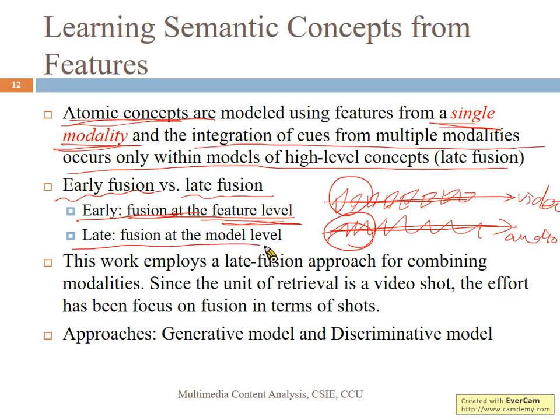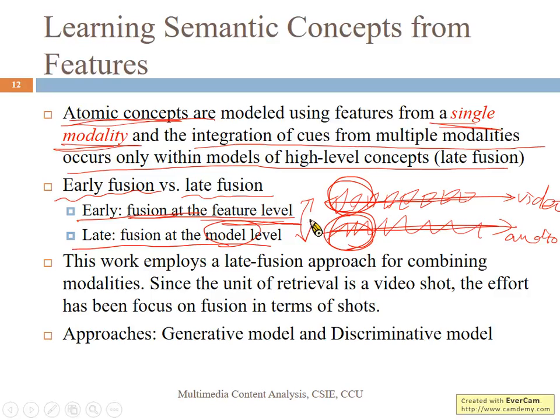And late fusion is where we fuse at the model level. That means for the visual feature, we detect what kinds of atomic concepts are in the video. For audio, we detect audio concepts from the audio signal only, and then we fuse the visual concepts and the audio concepts based on the results of atomic concept detection.